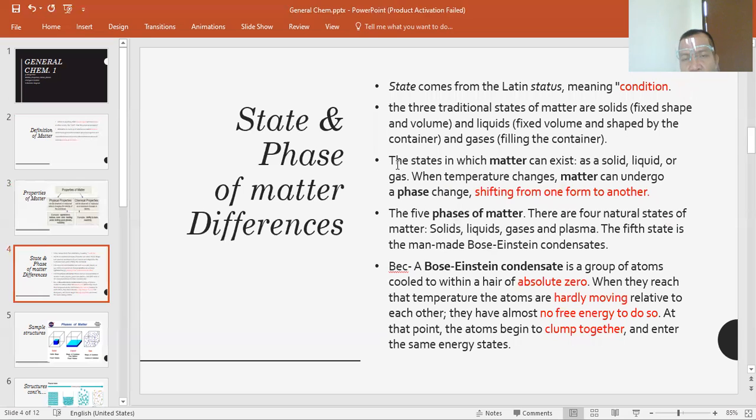Solids have a definite volume, liquids have a fixed volume and take the shape of the container, and gases fill the container because the molecules are scattered. These are the states in which matter can exist. When temperature changes, matter can undergo a phase change, shifting from one form to another.